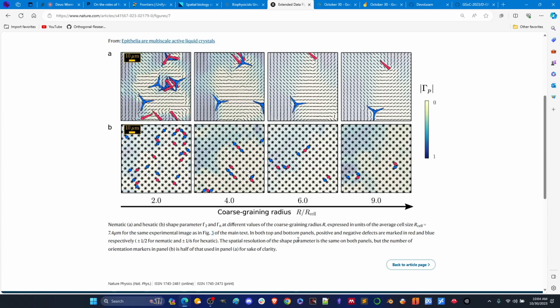Spatial resolution of the shape parameter is the same on both panels, but the number of orientation markers in panel B, on the bottom, is half of that used in panel A, on the top, for the sake of clarity. So this is where they're showing the defects, and then this order, which is here. This is I guess the clearest they make this.